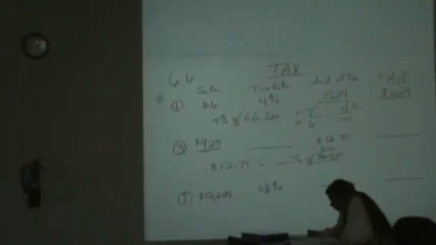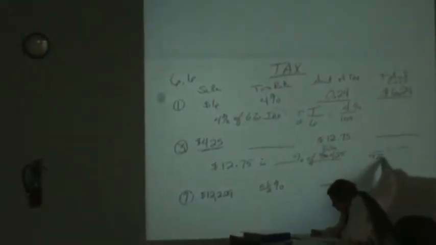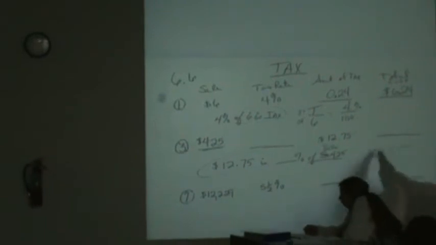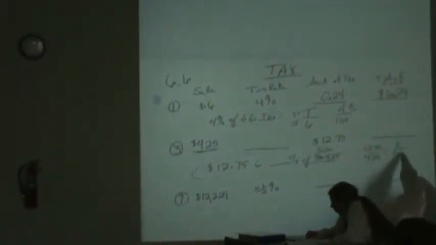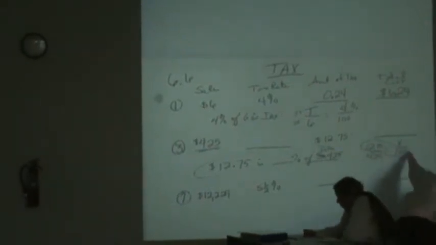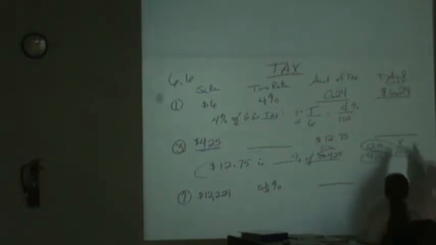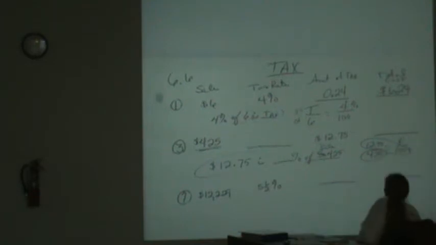So our of is 425, right? There's our is. Percent over 100. So 12.75 times 100, then divide it by 425. That's 425, right?